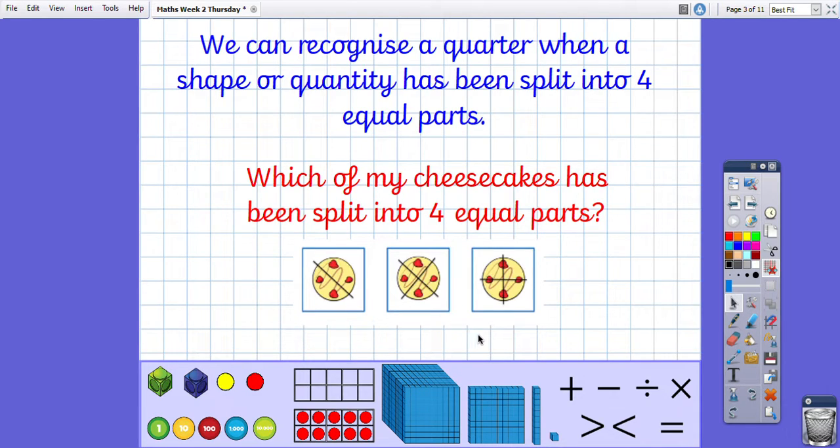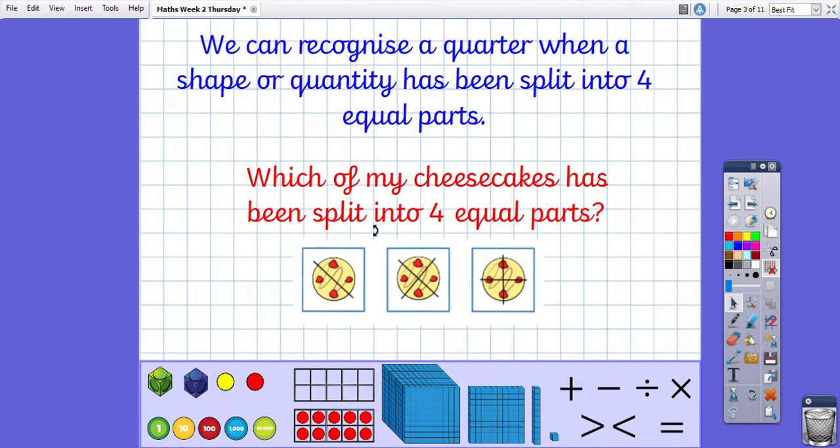So I've got some cheesecake today, and I want to know which of my cheesecakes has been split into 4 equal parts. So let's have a look together. This one has been split with 1 line. There are 2 parts, so it's not that one. This one has been split with 2 lines, and it has been split into 4 equal parts, even though it's a cross.